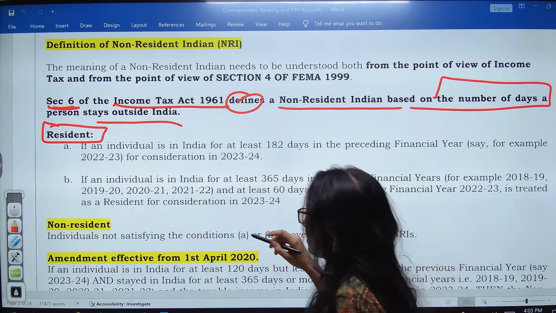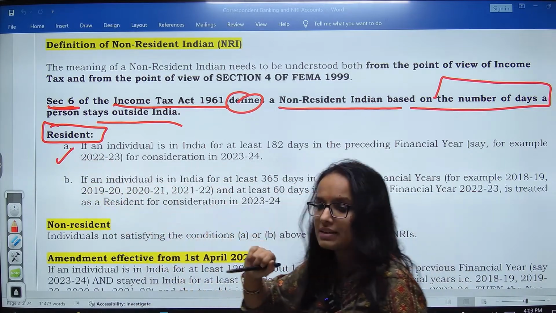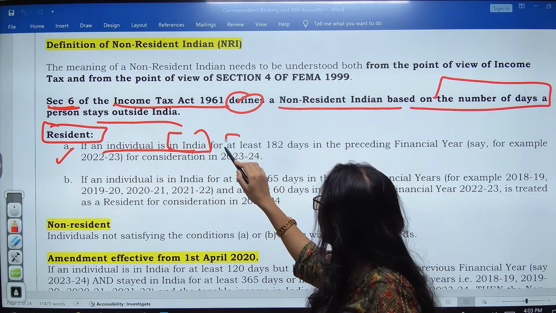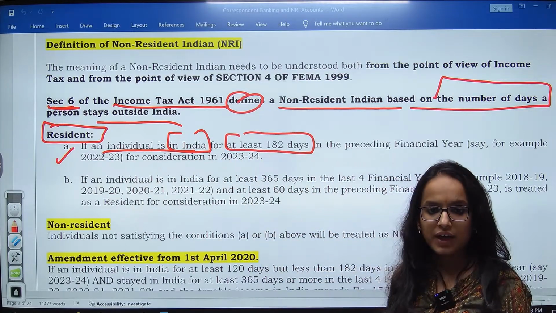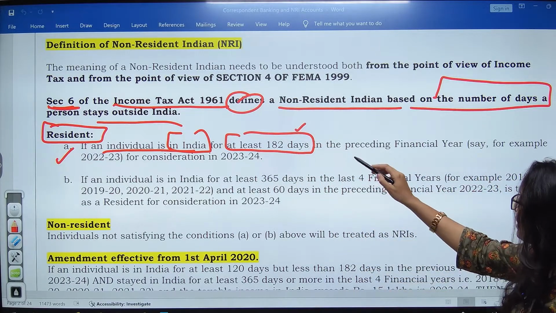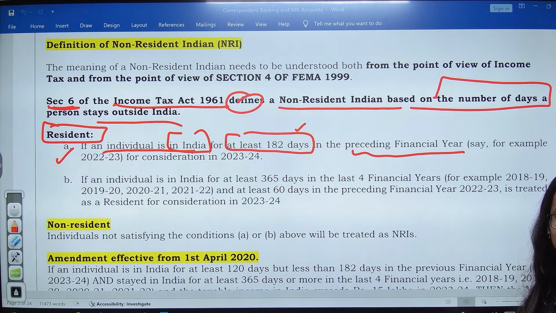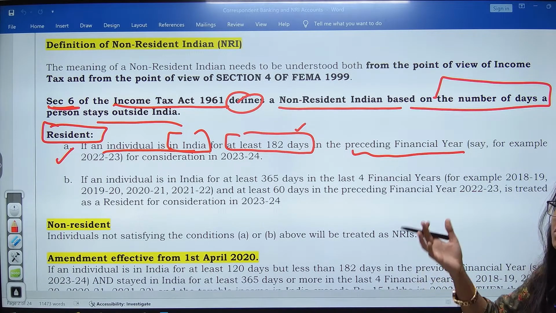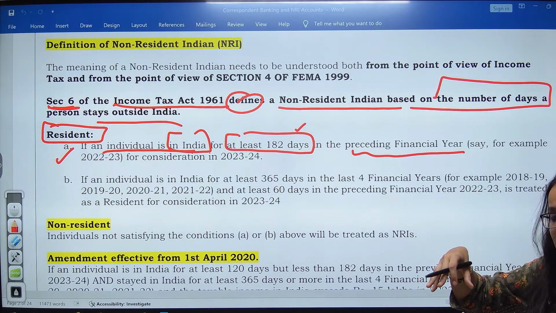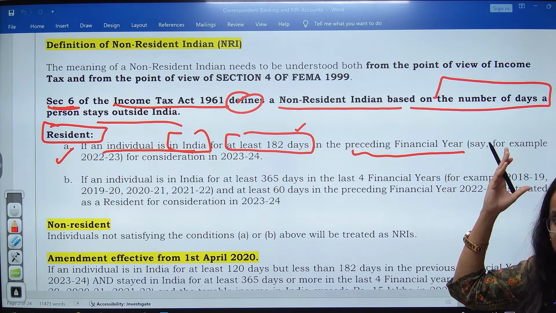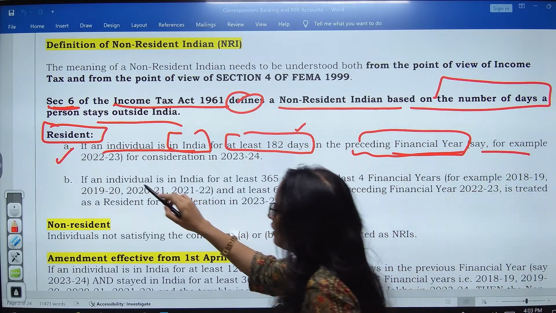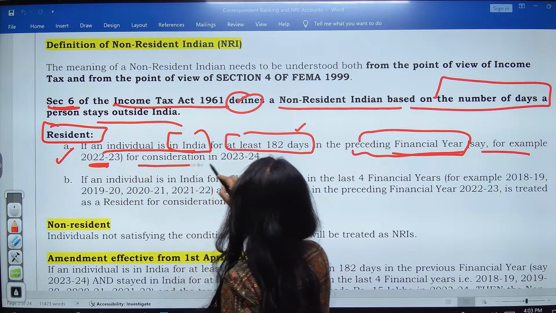Okay. So the first criteria under the Income Tax Act says, if an individual is in India for at least 182 days in the preceding financial year. Preceding means the one just before, if you calculate from the present time. For example, 2022-23 for consideration in 23-24.